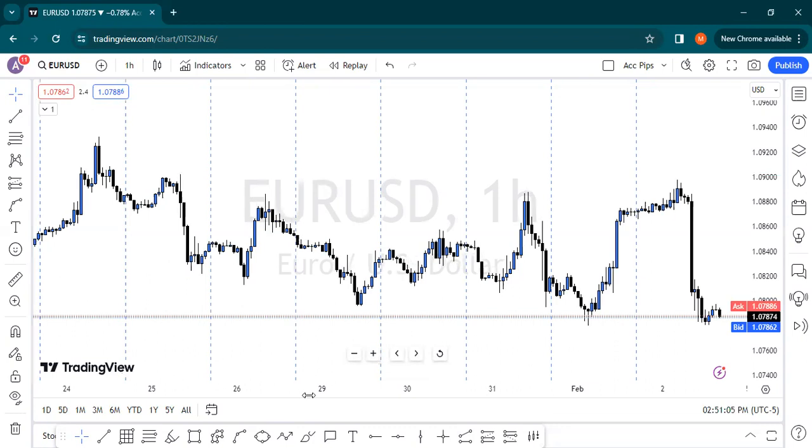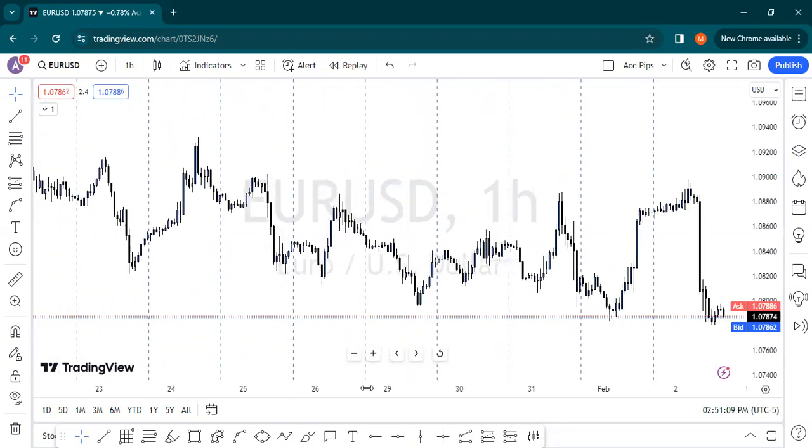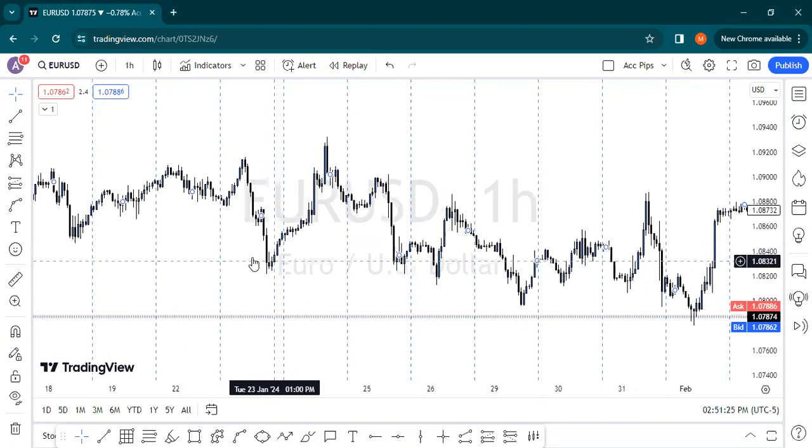I think Euro USD has been buying both top down, taking liquidity up and down, kind of in a range on the H1 and on the weekly time frame. So let's go to weekly first.